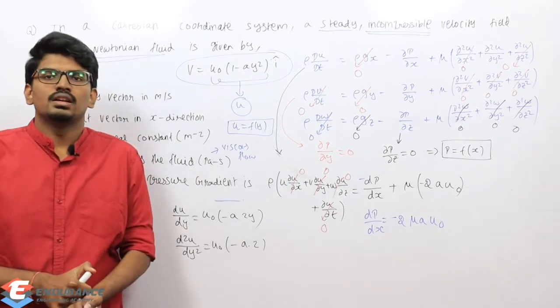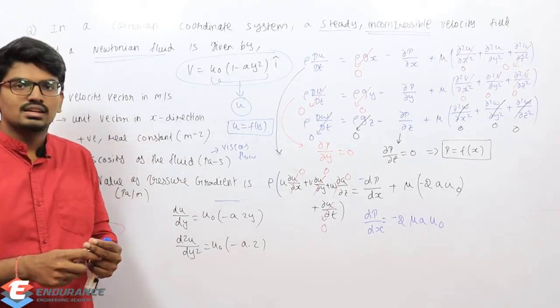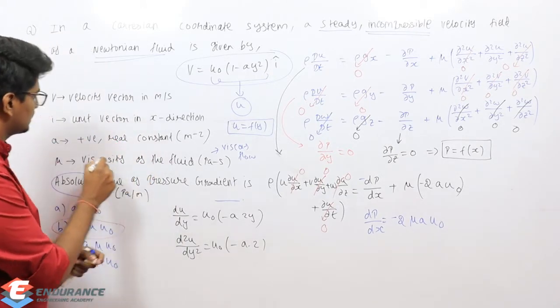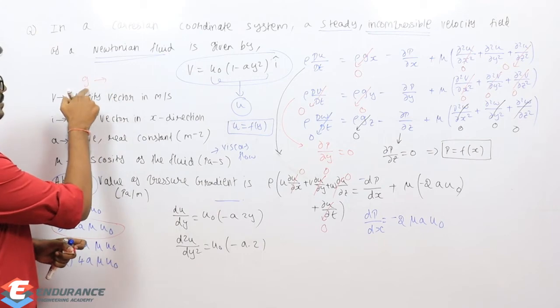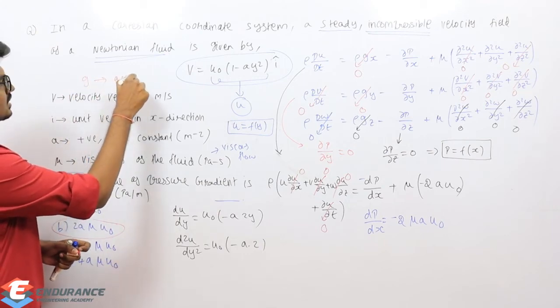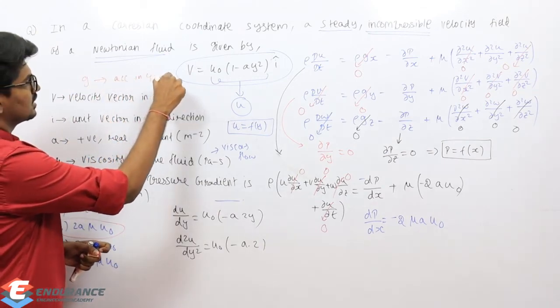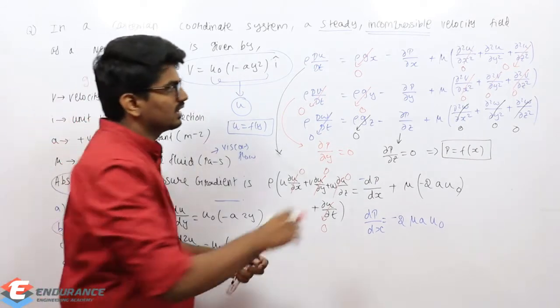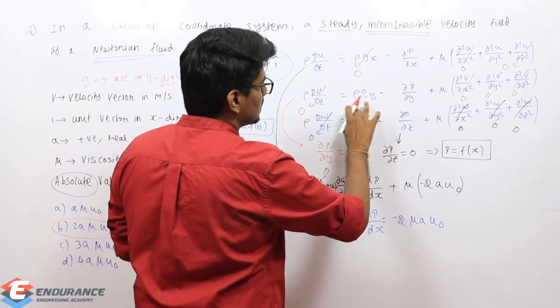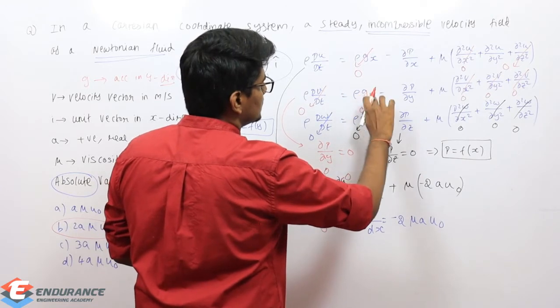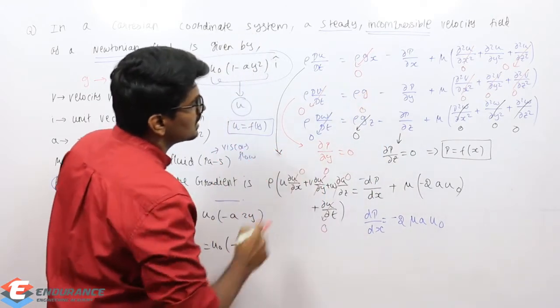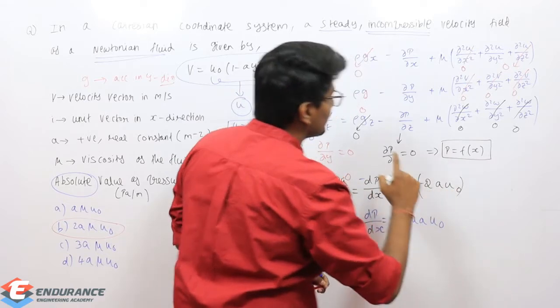Okay, now let us consider that in the question they mentioned g. They mentioned g is acceleration in y direction. Then what will happen? This will become g, right? I am extending the question.